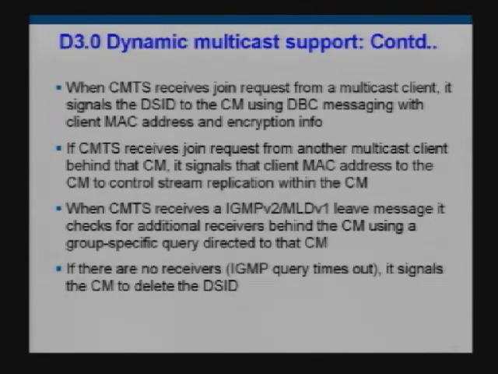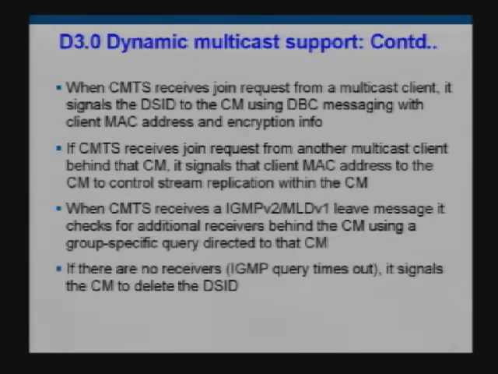And this section just talks about joins and leaves. We have seen how joins work, and how it's going to leave is, if one of the hosts explicitly sends a leave message, then the CMTS will do a group specific query in the downstream direction.